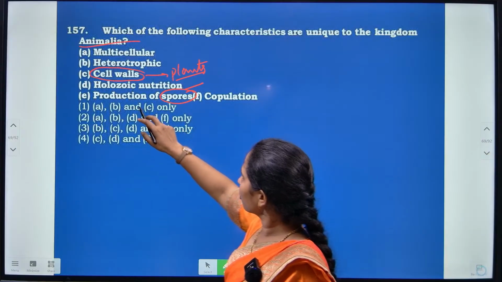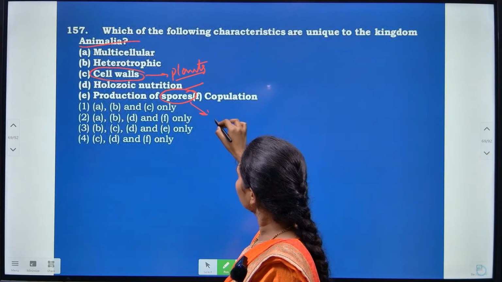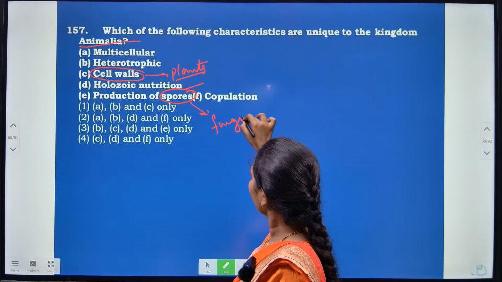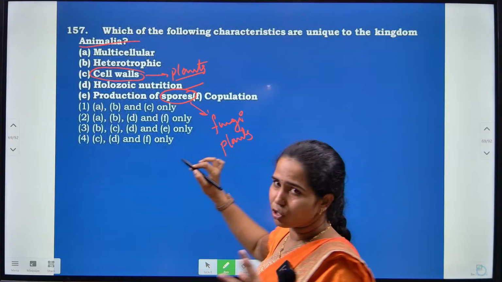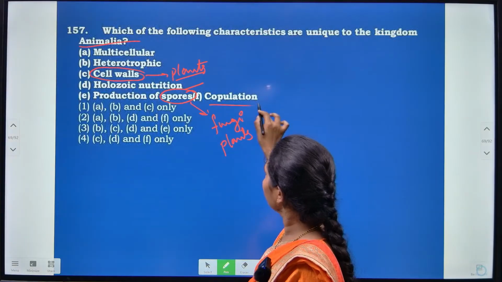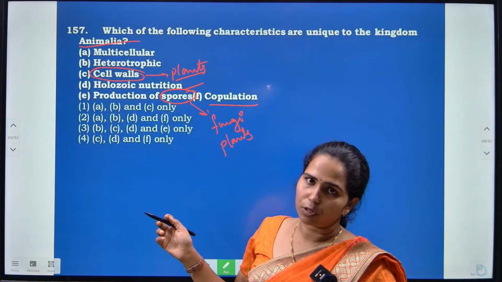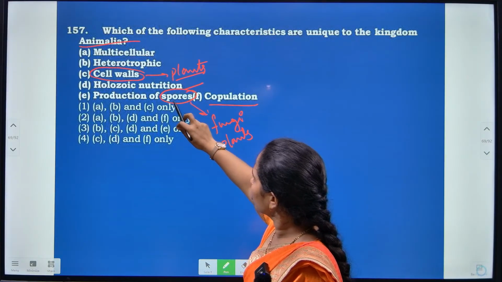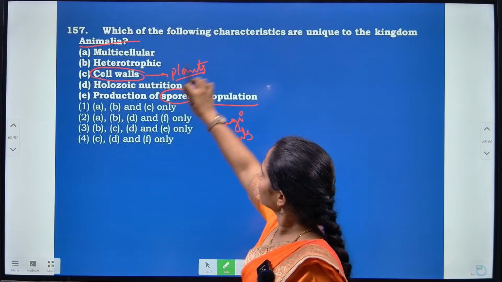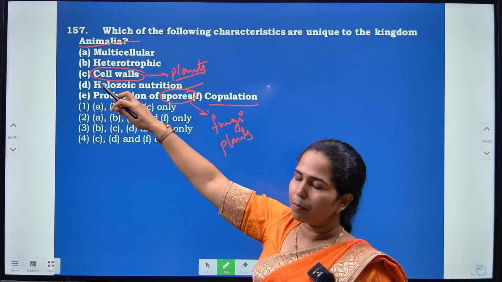And the next one is production of spores. Spores are produced by some groups of fungi and plants for reproduction, but not by animals. And copulation, yes, copulation does take place for reproduction. So except cell wall and the production of spores, all the remaining characters resemble the kingdom Animalia.